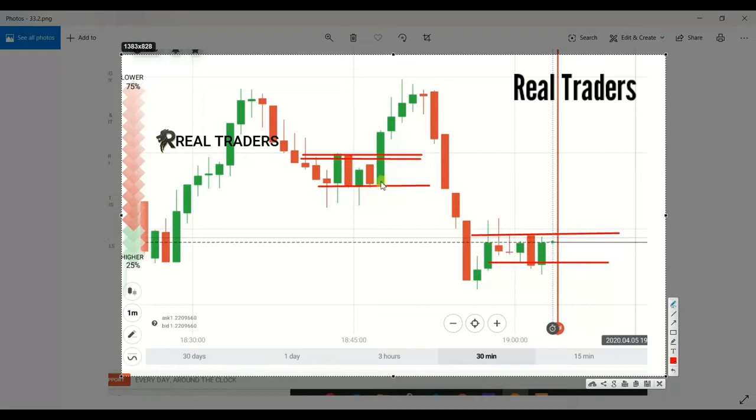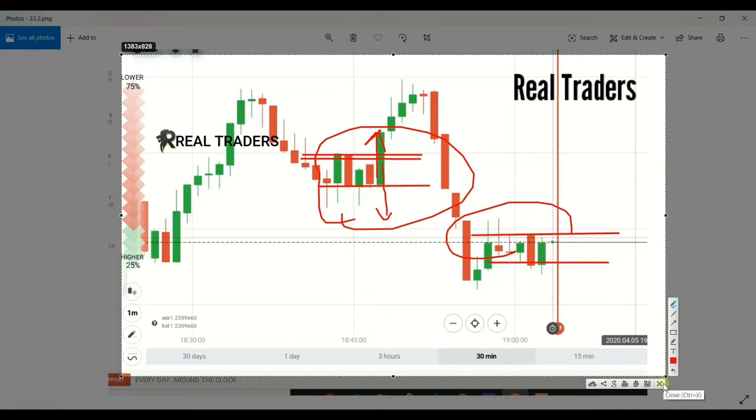So you must just wait for the market to break the consolidation area, because it may stay in the consolidation area for 20 minutes or more. So you must wait for a breakout, and when you see a breakout, you can trade. Breakout in any direction. Breakout up, you can go with the trend again, and breakout down. So you must wait for a breakout.